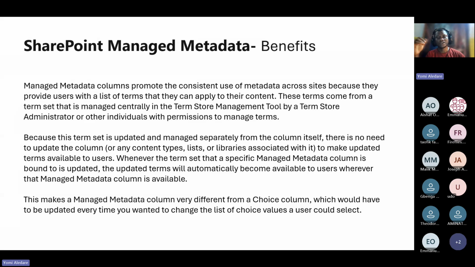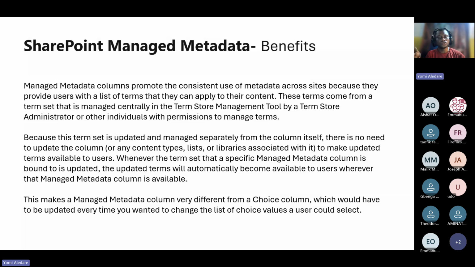Then another thing also is unified update. If for instance Nigeria has created another 17 states, you don't need to start going to the libraries to start adding those things.